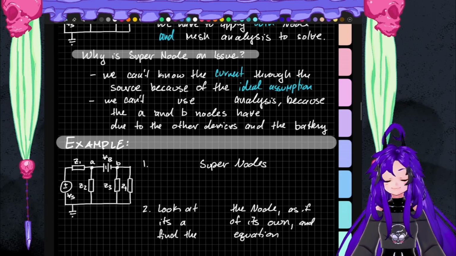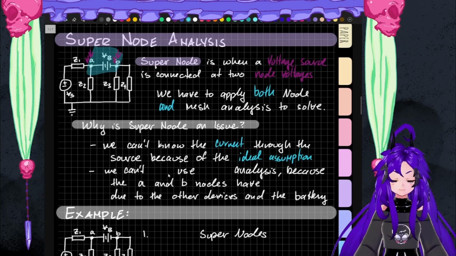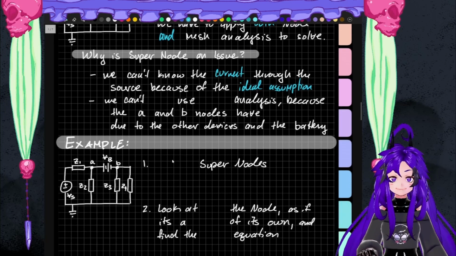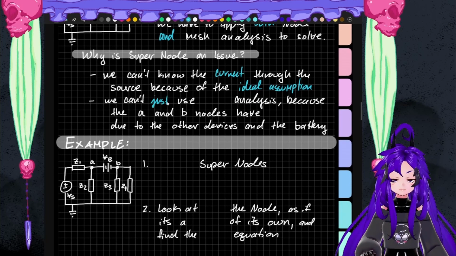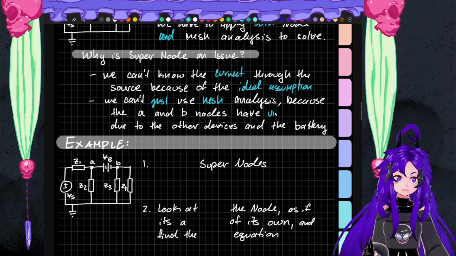So that means we can't just use a different method, right? We can't just use mesh analysis, because A and B have unique voltages.